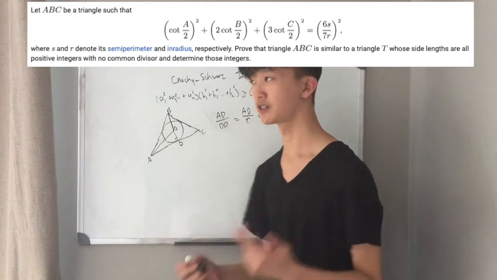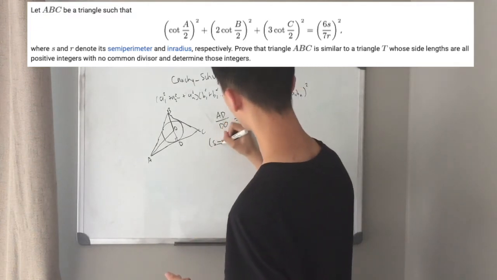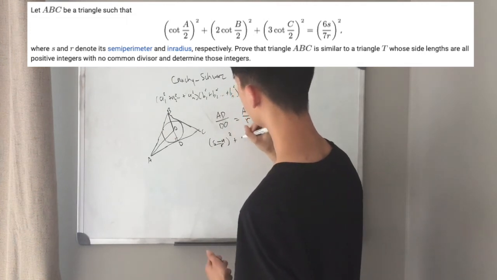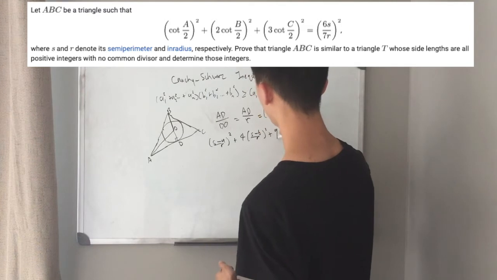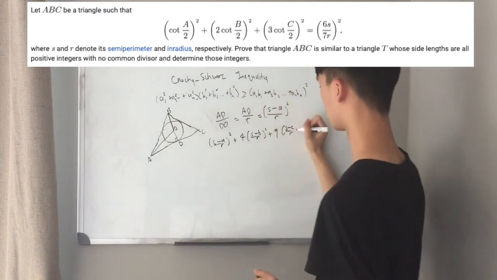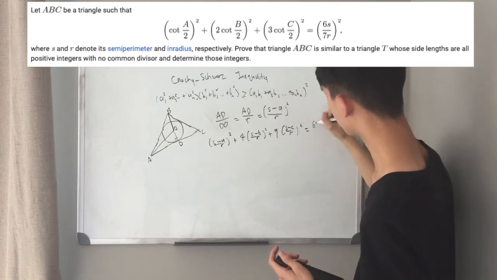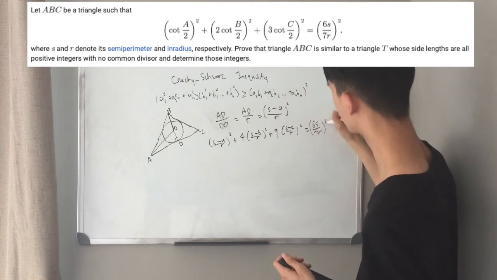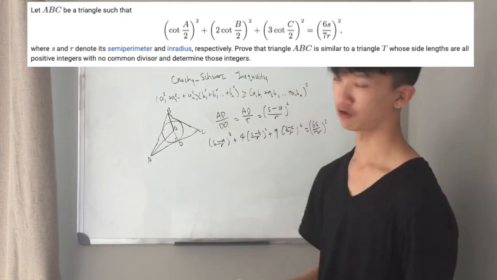So then, applying the same logic to B and C, we get (S minus a over R) all squared, plus 4 (S minus b over R) all squared, plus 9 (S minus c over R) all squared is equal to 6S over 7R, squared. So then we notice that all the denominators have R, so we can cancel out all of the R's.